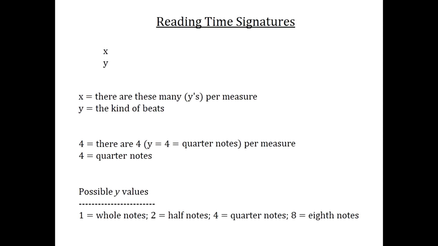A good trick to figure out how many beats to expect from these indications is to take the first number to mean there are X number of Y per measure, where Y is the kind of beat. The kind of beat refers to a whole note, 1, a half note, 2, a quarter note, 4, an eighth note, 8, and so on.